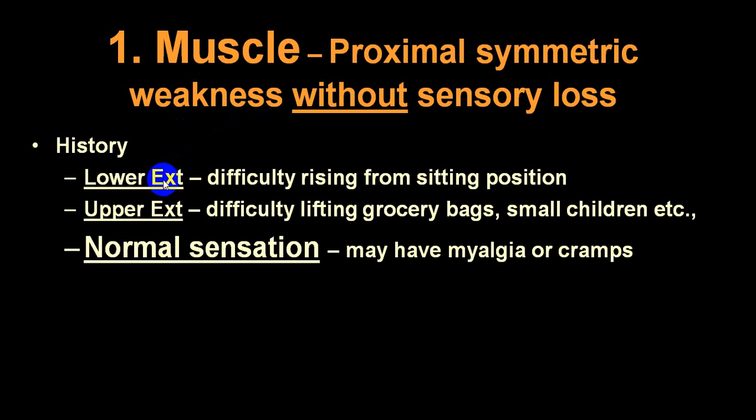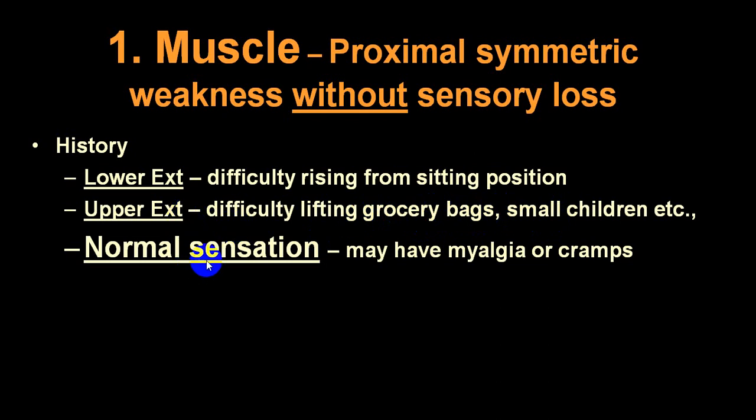A person who finds difficulty in getting up from a sitting posture or getting up from a squatting posture will have proximal muscle involvement. And if a person is finding difficulty in lifting bags or small children, that means proximal muscle weakness in the upper extremities.